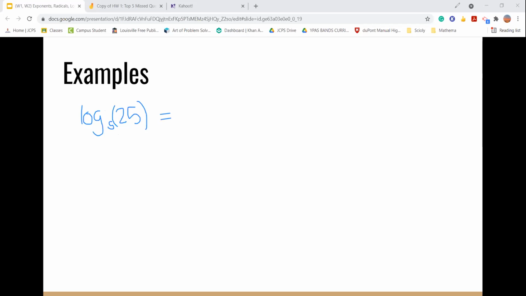Yes, 5 raised to the power of what equals 25. That's good. So it's like asking this, and we're trying to find x. The answer would be 2, because 5 has to be multiplied by itself twice to get 25. So 5 times 5 equals 25.